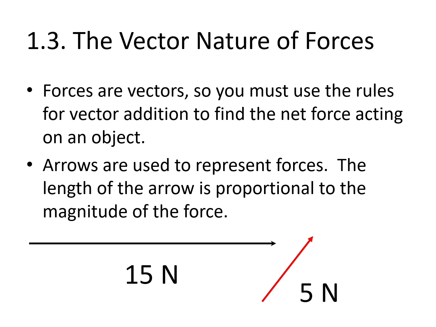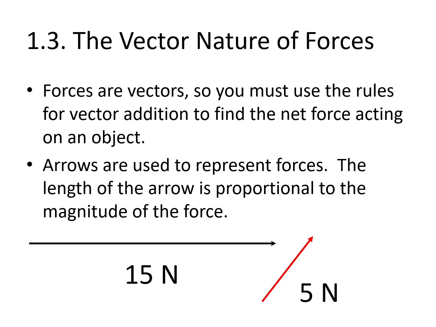The direction of the arrow shows the direction of the force, and the arrow's length represents the magnitude of the force when a consistent scale is used. On this slide, the 15 Newton force is represented by a longer arrow than the 5 Newton force because 15 newtons is 3 times as large as 5 newtons.